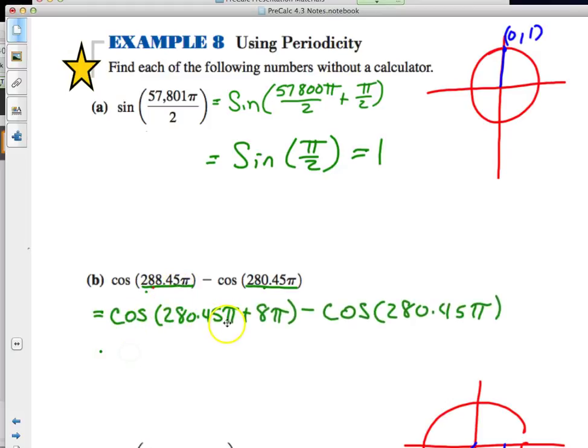Now, we found out by working with coterminal angles that if I have a value, say 280.45 pi, we have coterminal angles coming back to the same spot. 8 pi is 4 full revolutions around the circle coming back to the same spot. At that spot, the cosine of those two values is the same. So if I have a cosine of something that's the same minus something the same, we're going to have 0. Okay, so keep that in mind as we're looking at this problem.